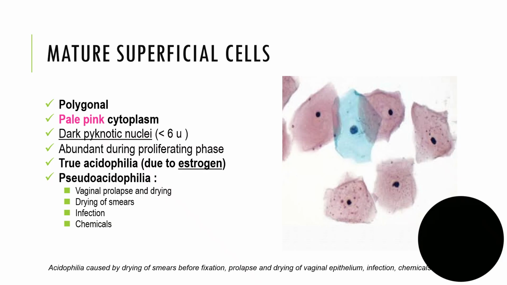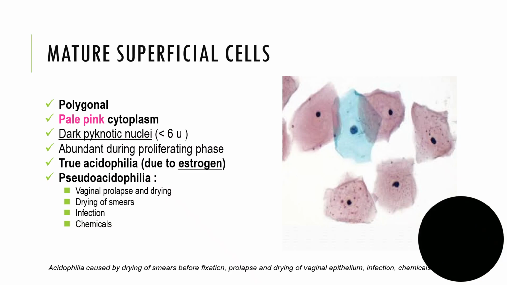Estrogen promotes full squamous maturation, and these cells represent the end product of that maturation. They show true acidophilia, meaning the pink color is genuine, due to keratin production stimulated by estrogen, resulting in intracellular keratin that binds to the orange to pink stains.